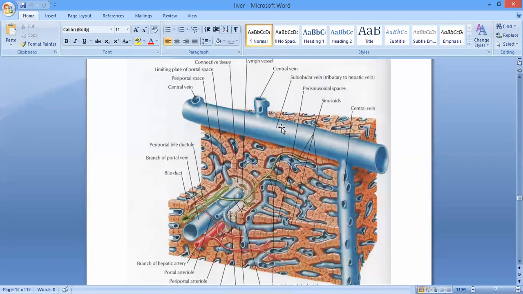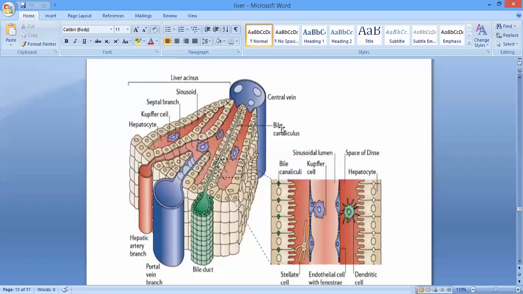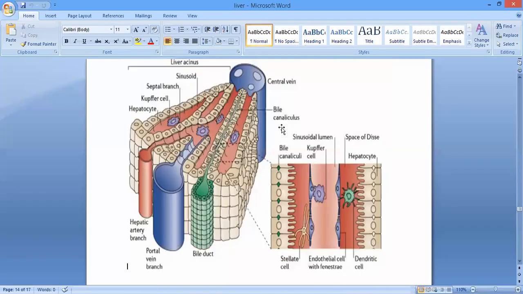Now we'll talk about the lymphatic drainage. I have just told you before, the lymphatic drainage is of course towards the hepatic nodes which are present in the porta hepatis, right? Now the lymph from the liver is carried by 2 types of lymphatics, the superficial lymphatics and the deep lymphatics.